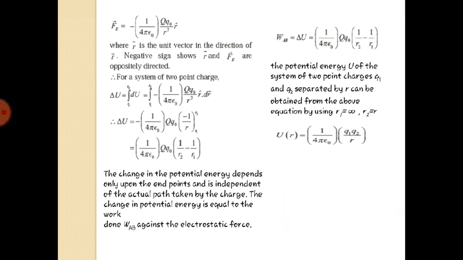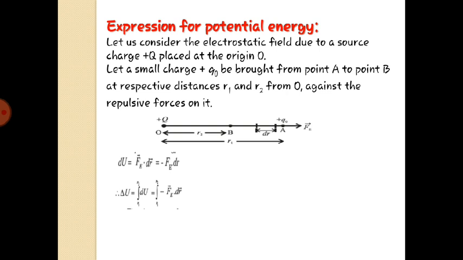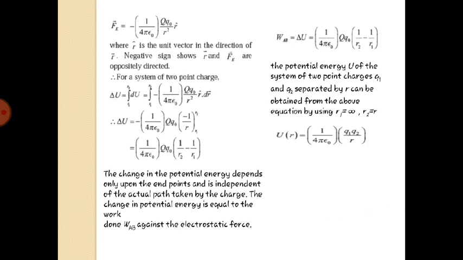Now by applying that law in our diagram, we have two charges. The first charge is plus q, in capital Q, and the second charge is plus q0, and the distance is r.